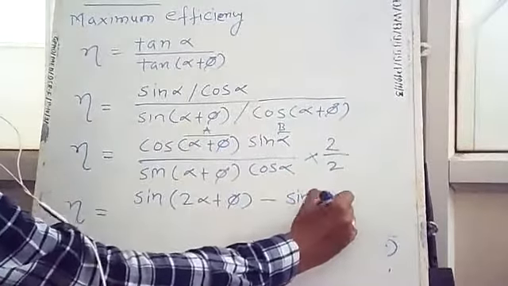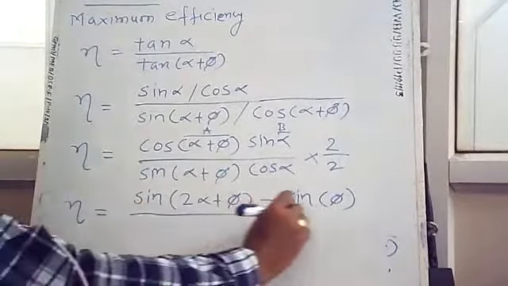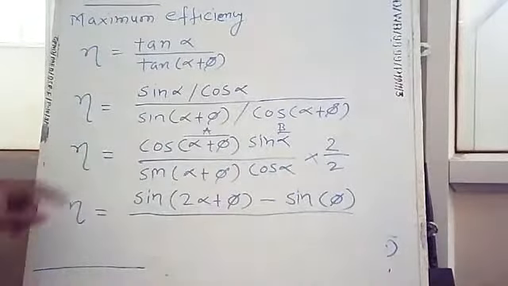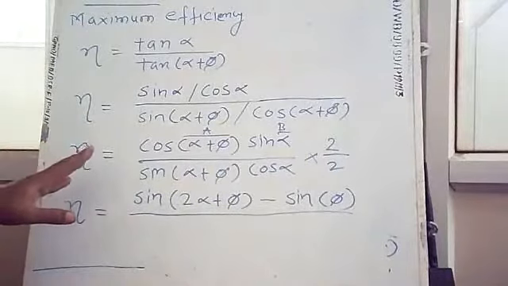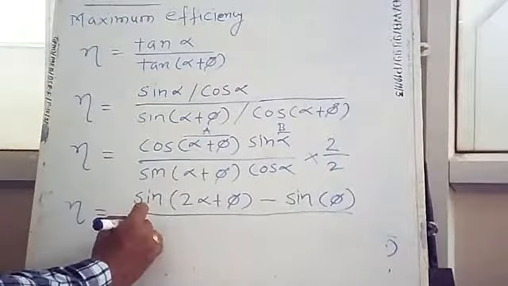So only alpha will remain. Okay. Similarly, here 2 sin A cos B is sin A plus B plus sin of A minus B. So now here it comes sin.